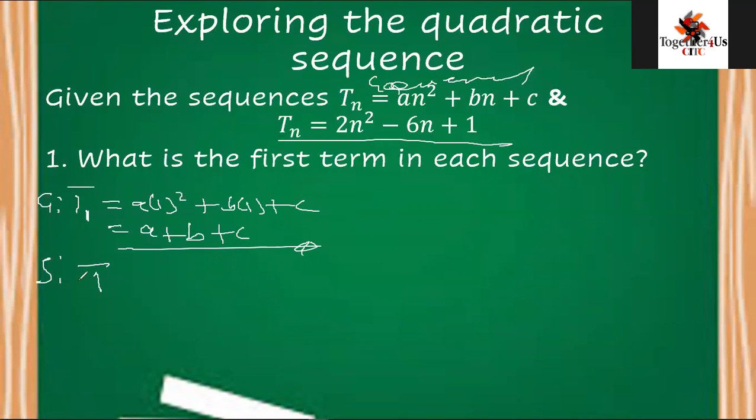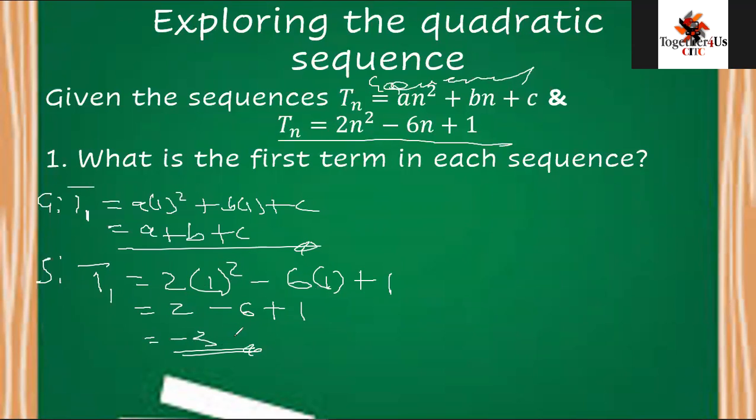The second, which is the specific sequence, T1 is 2 into 1 squared minus 6 into 1 plus 1. This is 2 minus 6 plus 1. And I hope you can see that everything here simplifies to negative 3.